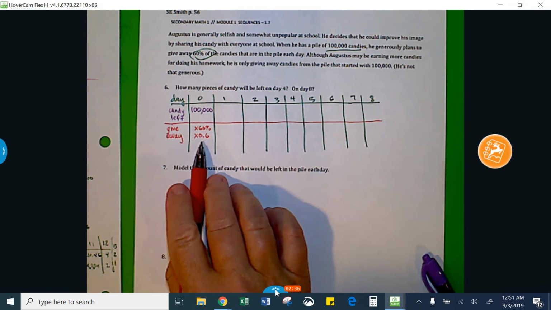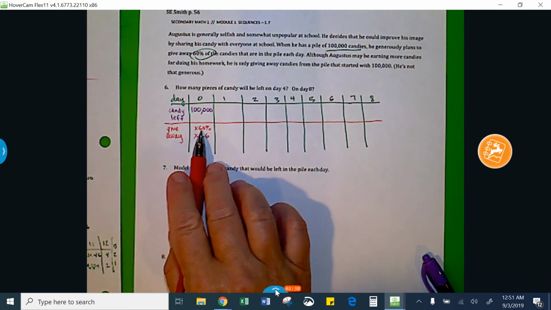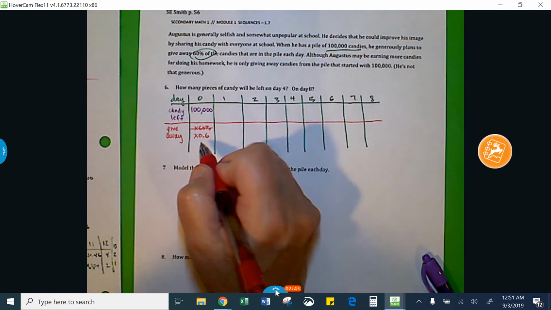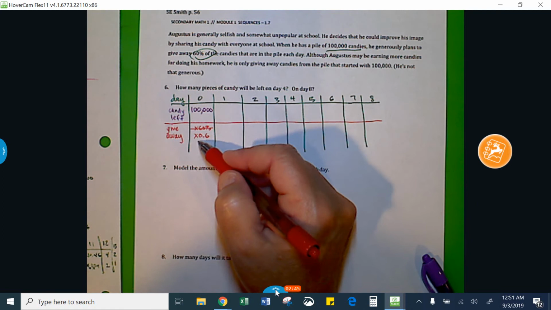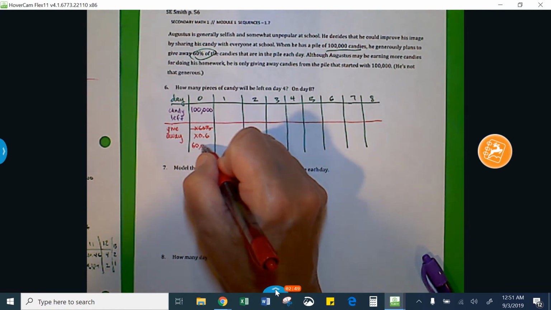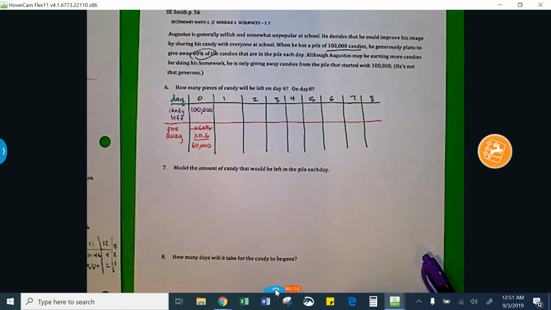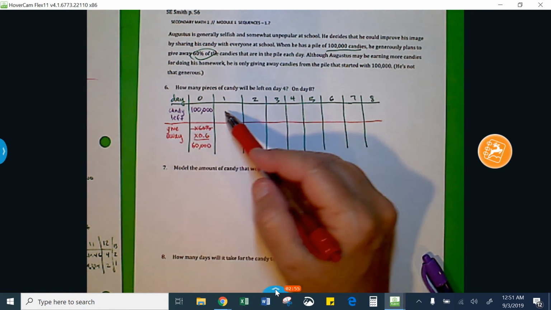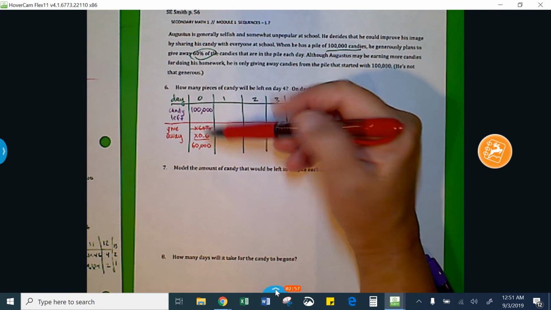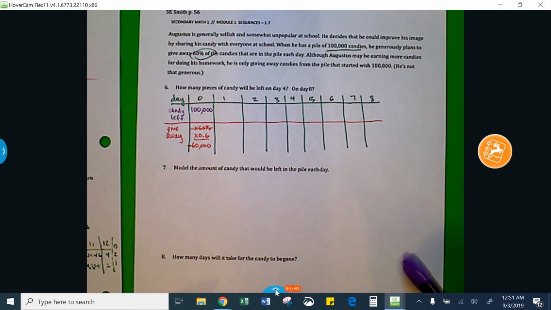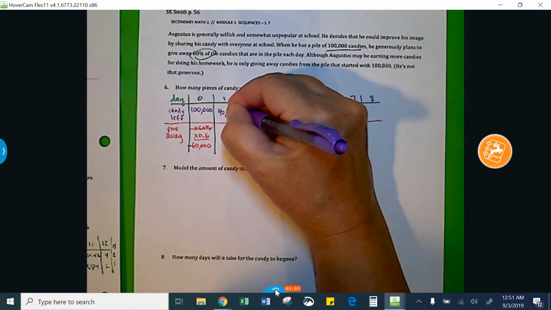That's the way to convert the percent to a decimal. And 100,000 times 0.6 is actually 60,000. So that's the amount he's given away. So if he's given away 60,000, the amount of candy he has left is going to be the difference. So we need to subtract the 60,000, and we get 40,000 left.